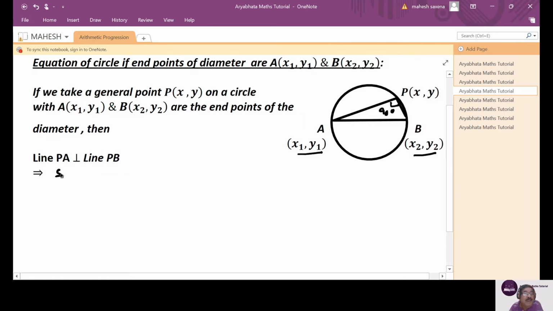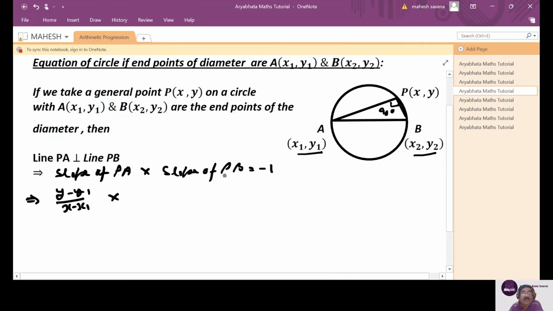Therefore, slope of PA into slope of PB is equal to minus 1. This implies that slope of PA is y minus y1 upon x minus x1, and slope of PB is y minus y2 upon x minus x2, is equal to minus 1.